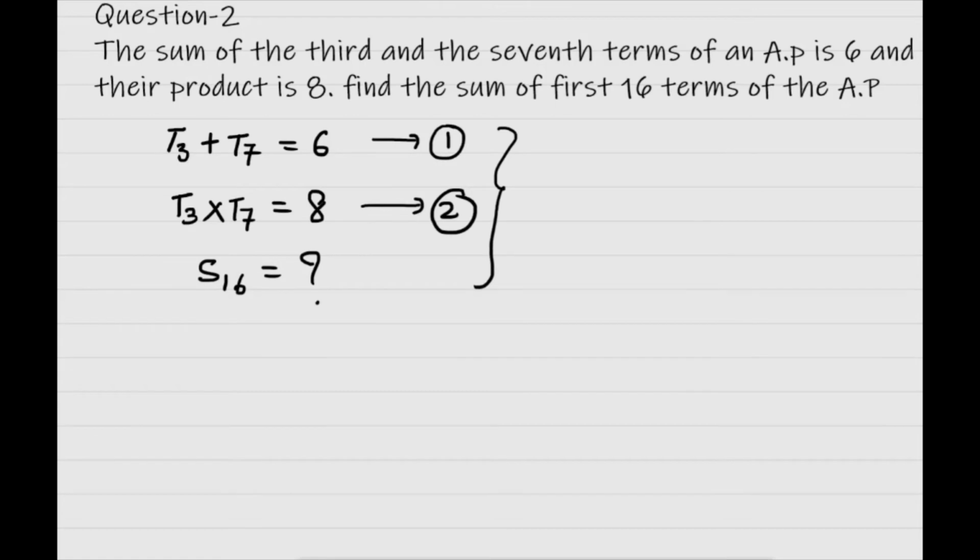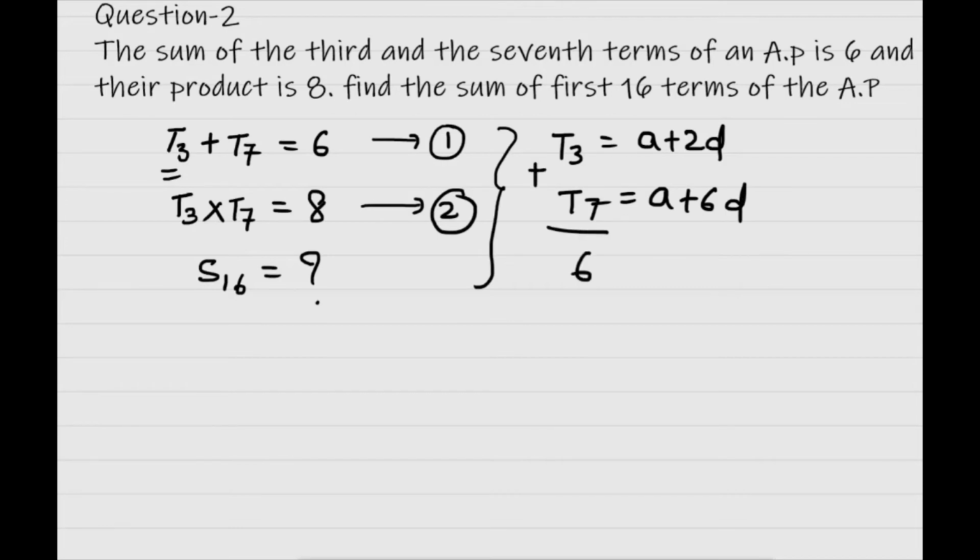This is the question. Now children, you know how do you find T3? T3 is equal to A plus (3 minus 1) into D, so that is A plus 2D. And T7 will be equal to A plus 6D. Now the sum is 6. If you add, you are getting 2A plus 8D.